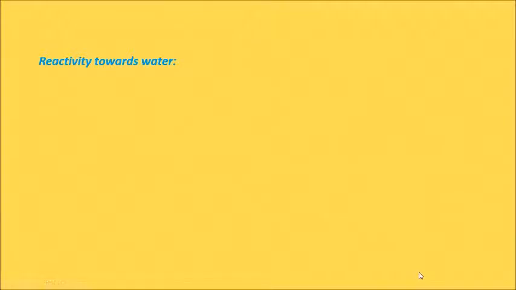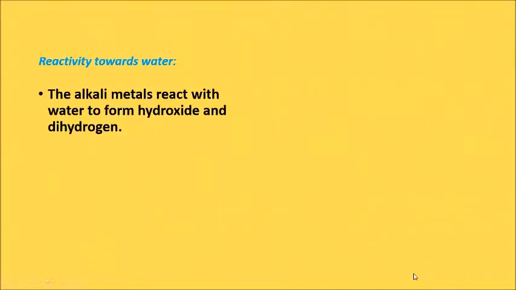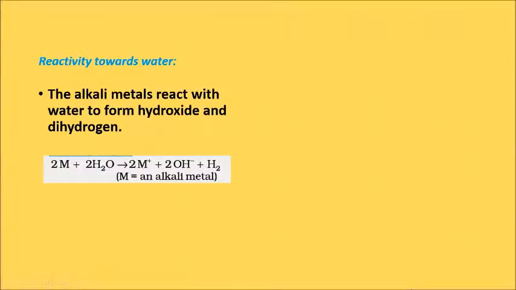Next chemical property is the reaction with water. The alkali metals react with water to form hydroxide and also dihydrogen, and in the form of equation: 2M plus 2H2O gives 2M plus 2OH minus plus H2. Here M is an alkali metal.